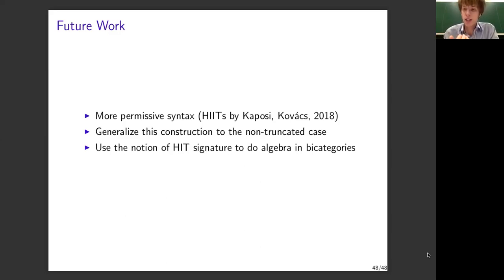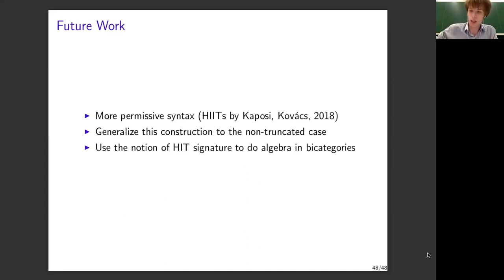And even with just path and two-path constructors, you need higher morphisms in your category. You can't restrict yourself to something with just one and two cells.